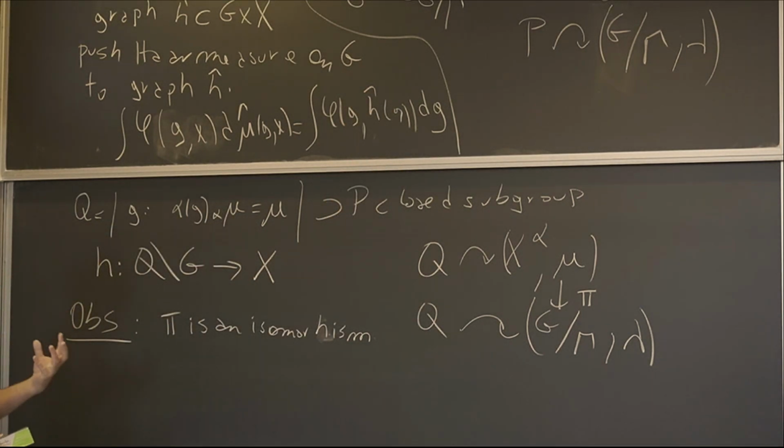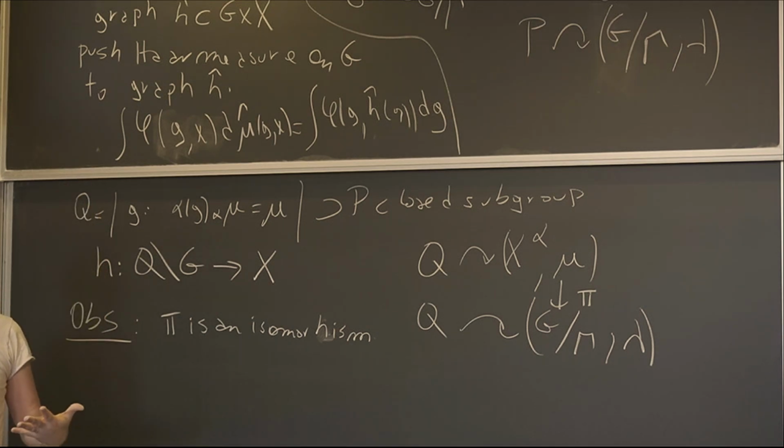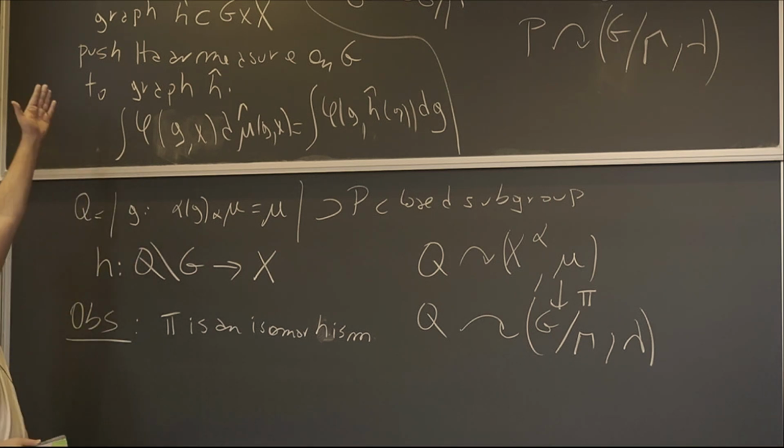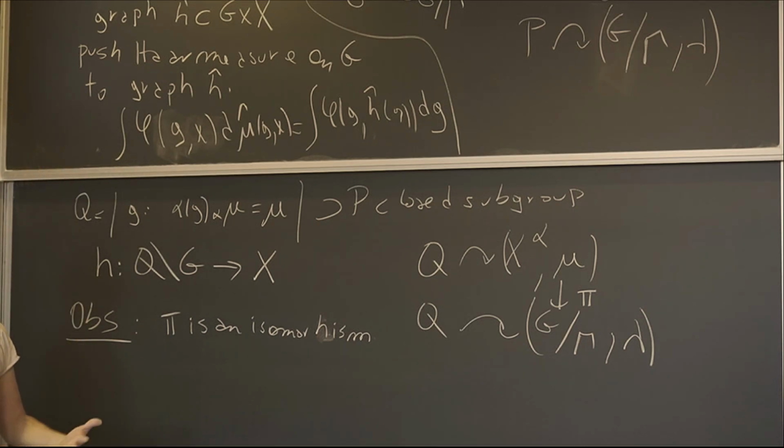The fact that it's one-to-one is because H is the graph, and then naturally the projection is one-to-one from the graph into the first coordinate. The projection from the graph into the second coordinate may fail to be one-to-one, and that is where the discussion of how injective H is comes in. But the projection into the first coordinate, G, is one-to-one.